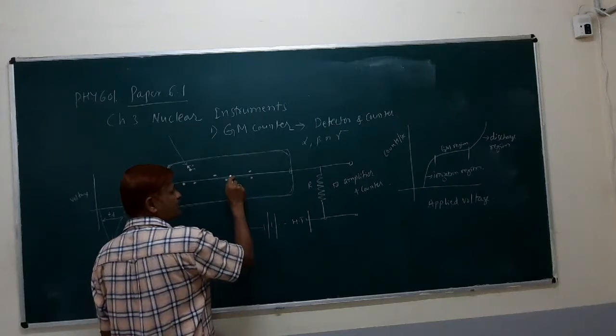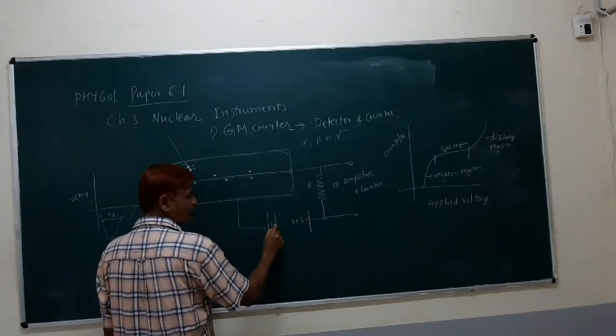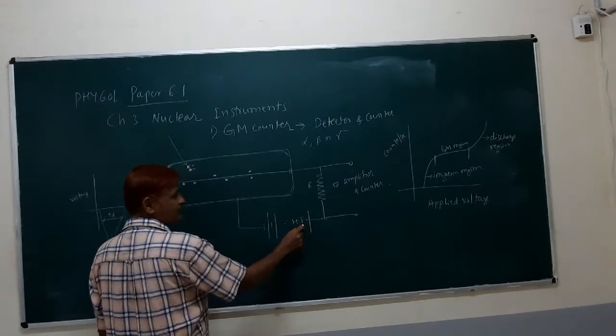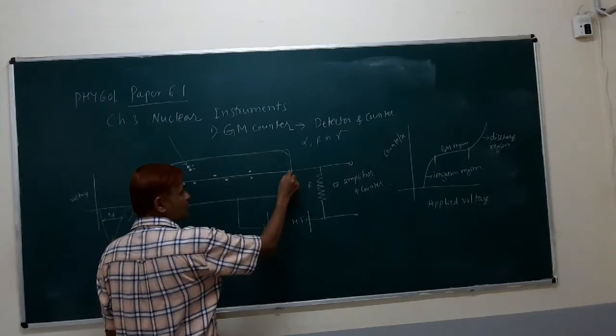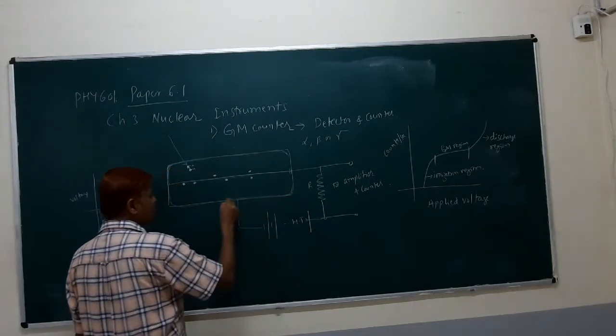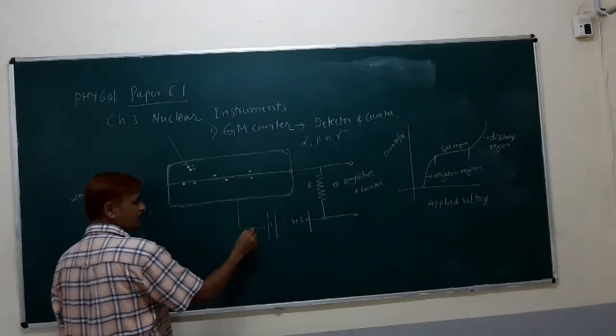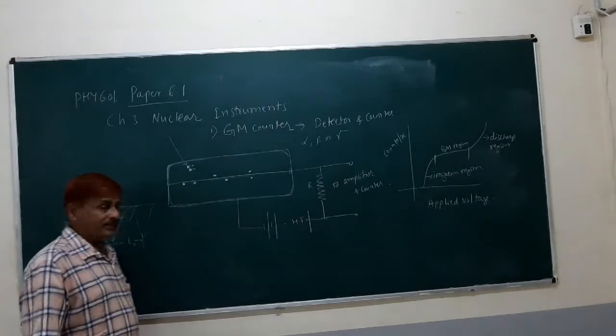We connect the central wire to the positive end of the high tension battery, and the outer envelope of this glass cylinder is connected to the negative end of the battery.